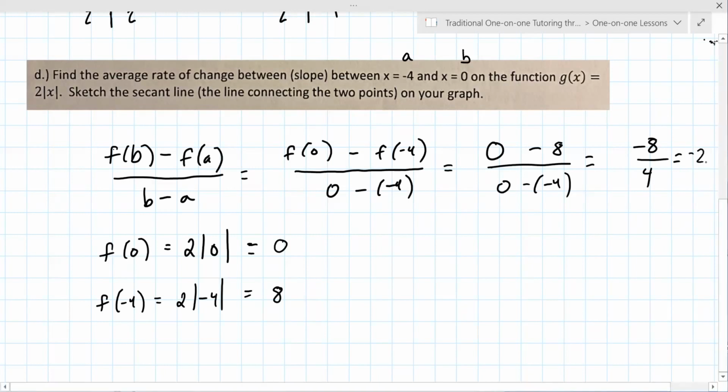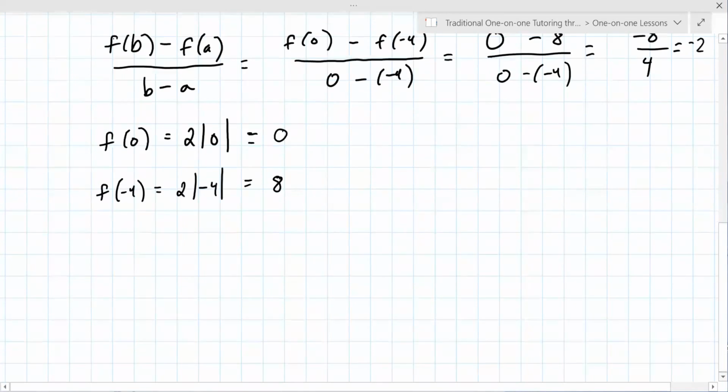The next thing is they want you to actually graph this. That's just to sketch the secant line, connecting the 2 points on your graph. So I'm going to graph the absolute value function again that we were looking at.